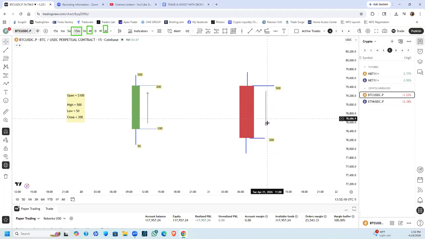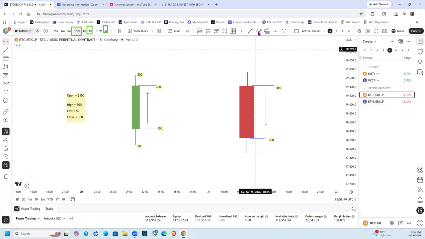Now, it is only telling us that during this particular period depicted by this candle, price started higher and ended lower. It does not necessarily tell us who won in the market. Be careful about that. Who won in the market is determined by sentiment, market sentiment. And I'll just touch that briefly while we're here.